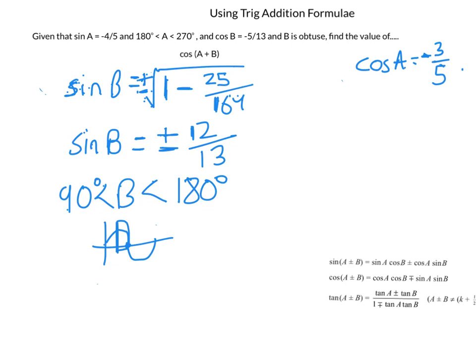So sine B has to be positive. Just think about your sine graph. Sine is always positive between 90 and 180. So sine B is positive 12 over 13.